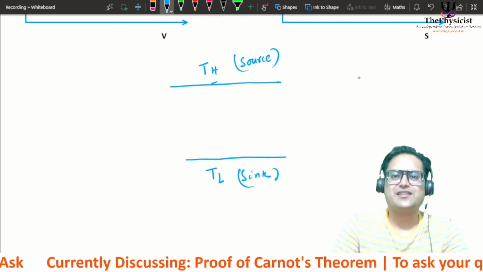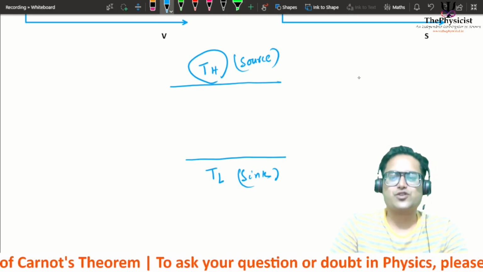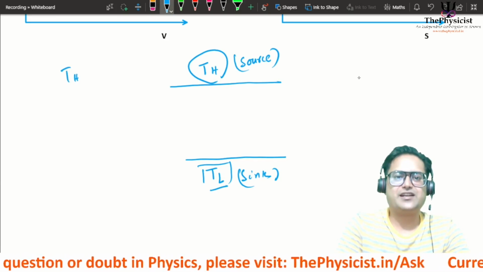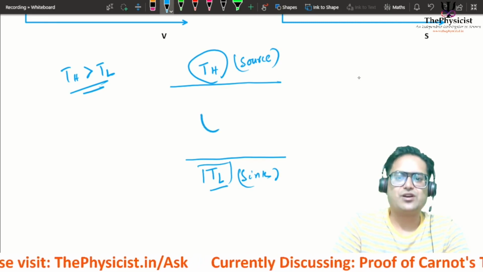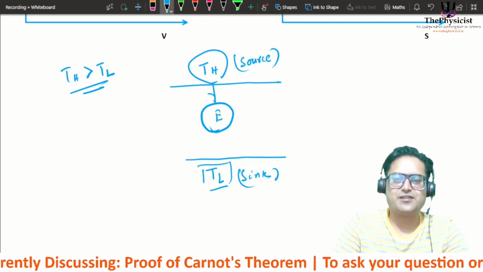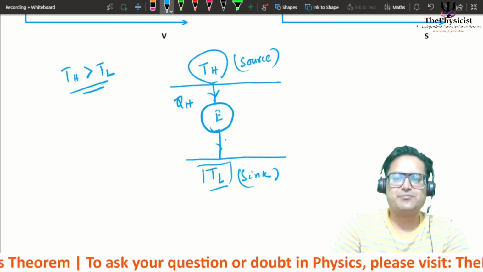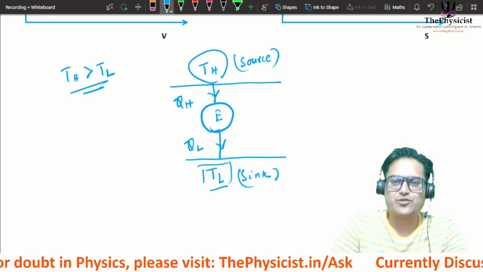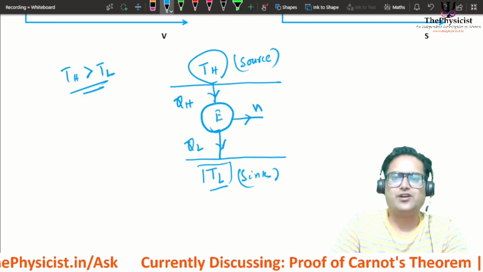So basically for the source, the temperature will be constant. For the sink also the temperature will be constant, right? And this TH is greater than TL, of course. Now an engine operating between these two temperatures will extract some heat, let's call it QH, from the source, reject some heat QL to the sink, and in the process it will give you some work.